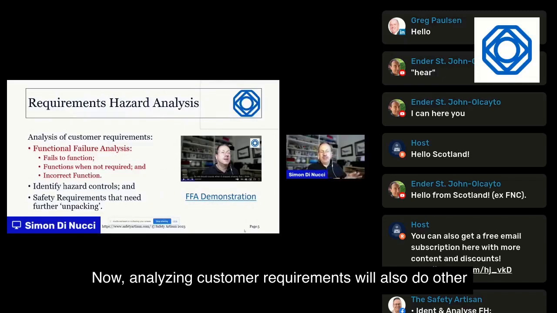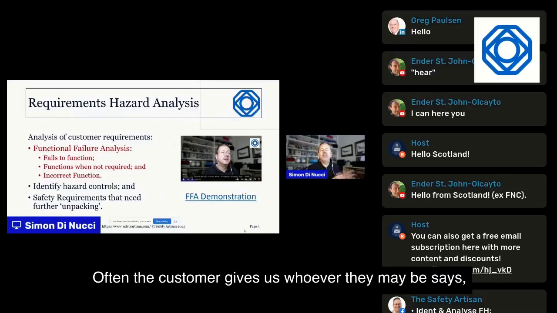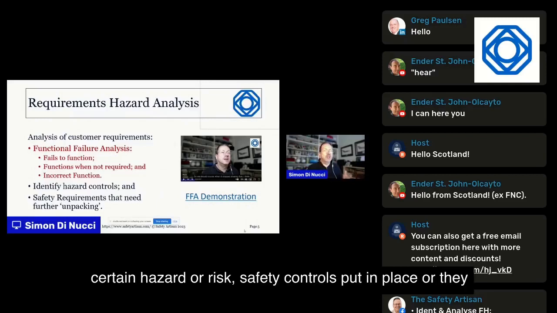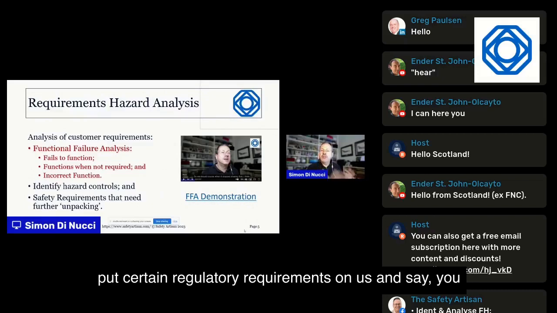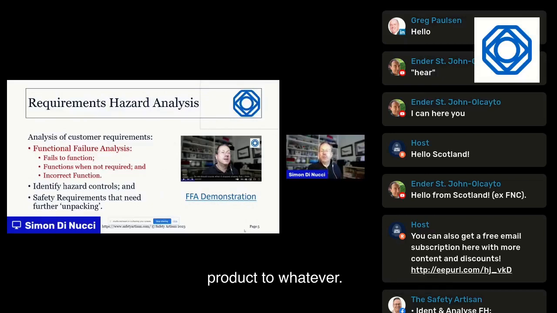Now, analyzing customer requirements will also do other things for us. Often the customer, whoever they may be, says, I want this, that, and the other. They want certain hazard or risk safety controls put in place, or they put certain regulatory requirements on us and say you've got to certify this product to whatever.